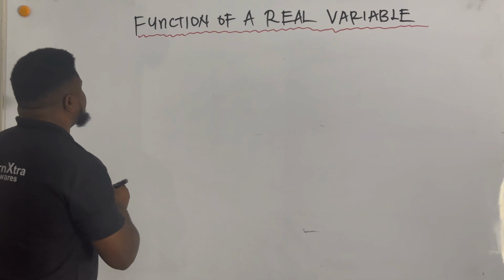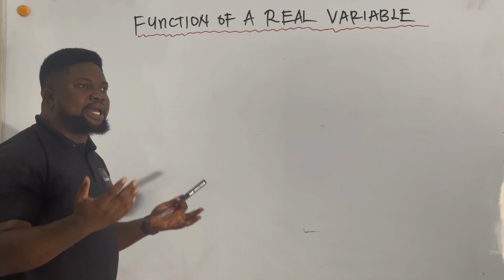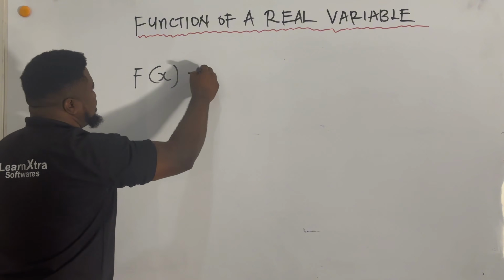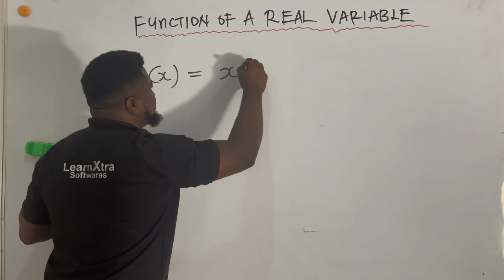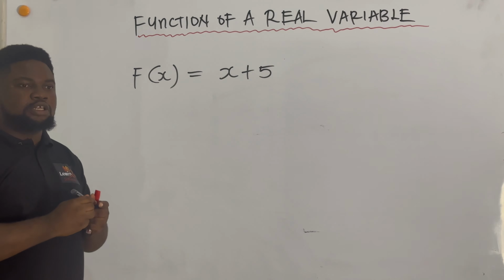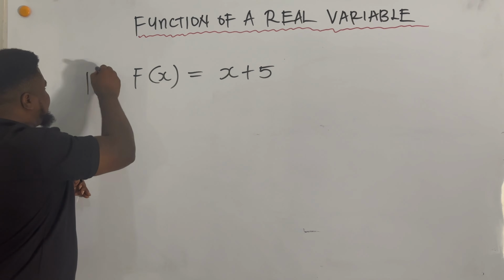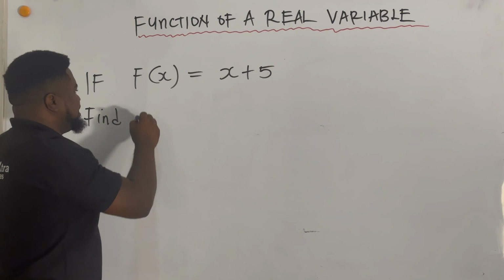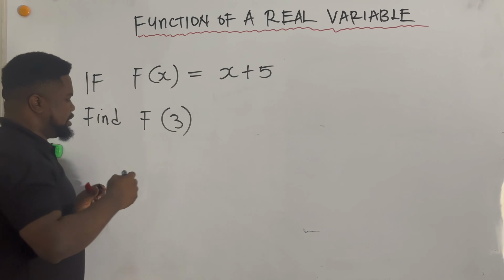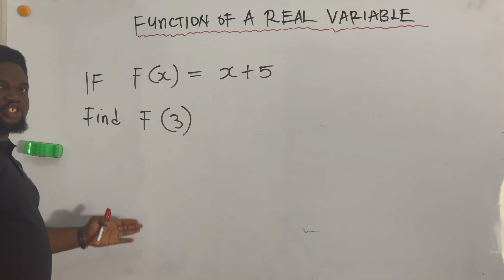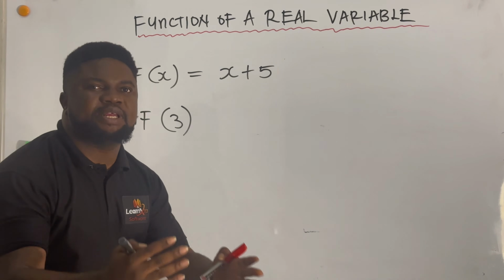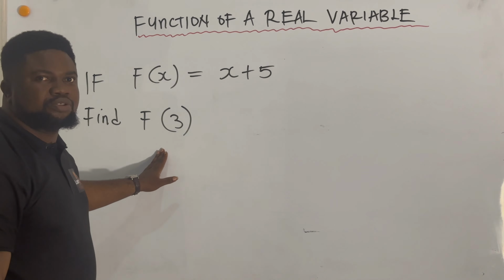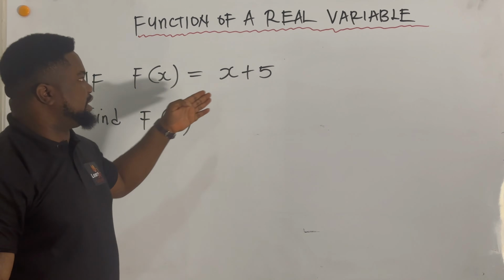We said that a function is a rule. Now I'll give you a new rule. Let's say f of x is equal to x plus 5. If f of x is x plus 5, find f of 3. This question is very similar to the first question we solved. In the first question, we used x plus 3. Yes.